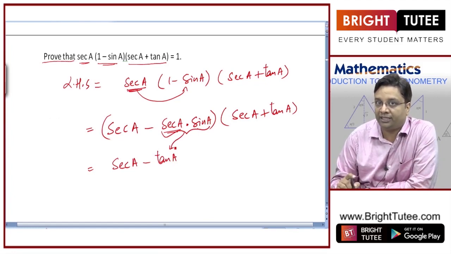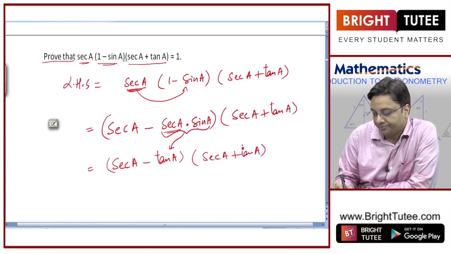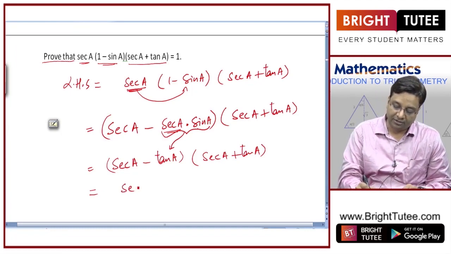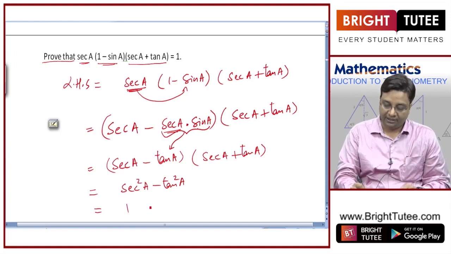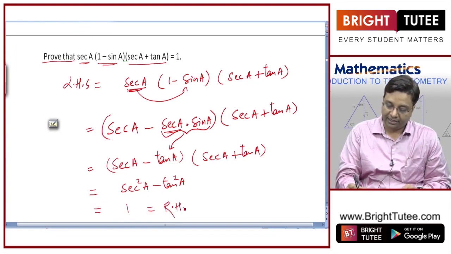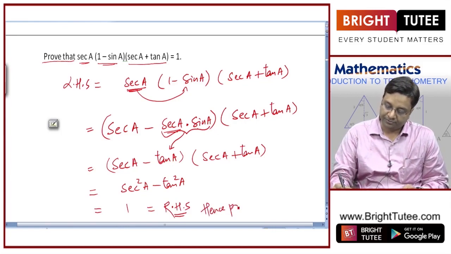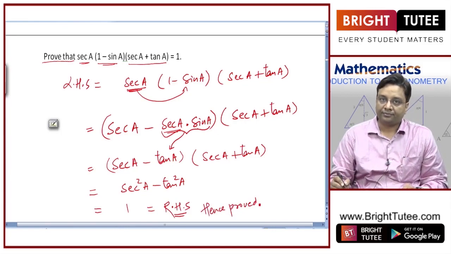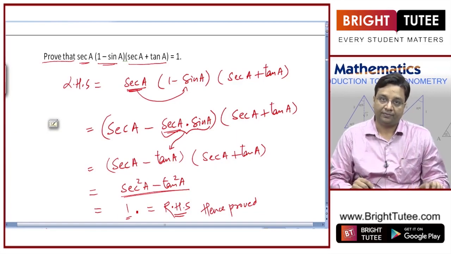Because sin A by cos A is tan A. So secant A minus tan A into secant A plus tan A. Now we already know that it is equal to secant square A minus tan square A, which is nothing but 1, right? So it is equal to right hand side. Hence proved. Right? We have used the identity that secant square A minus tan square A is equal to 1.